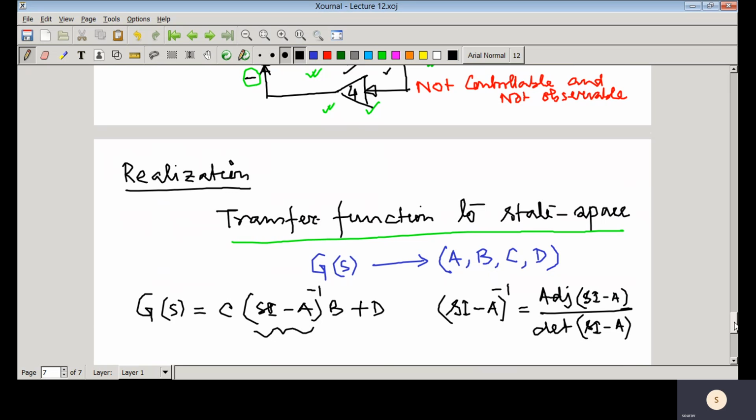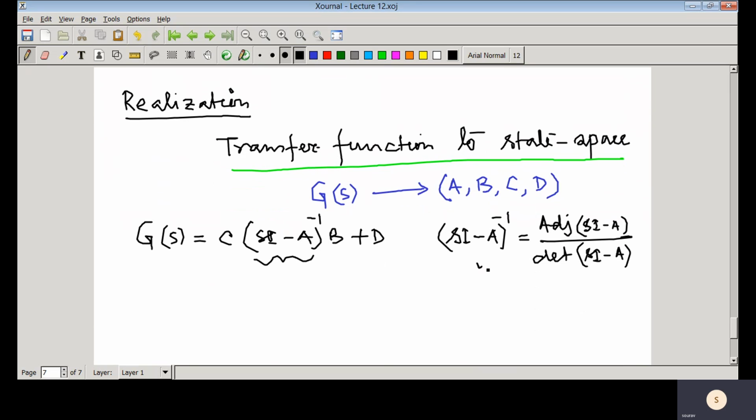That is the formula of this inverse. If you forget this one, I suggest you all to see a linear algebra book. Now you can see that the C matrix, B matrix and D matrix all are constant matrices.